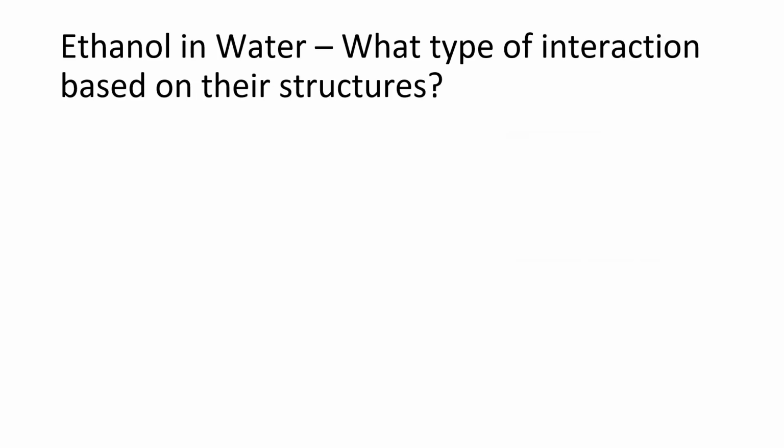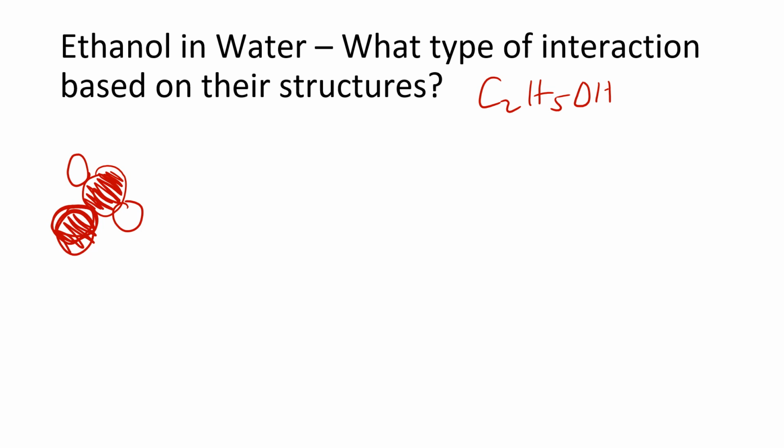Ethanol and water. What type of interaction based on their structures? So I'm going to draw out the structure for it. Ethanol is C2H5OH, so if this is a carbon, we have a hydrogen here, here, here, here, here.